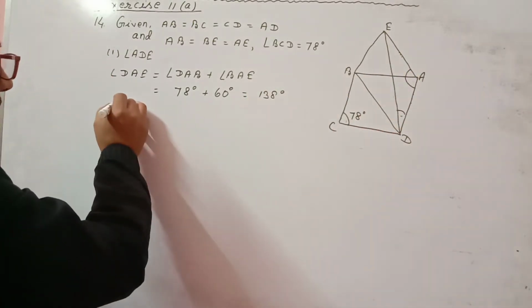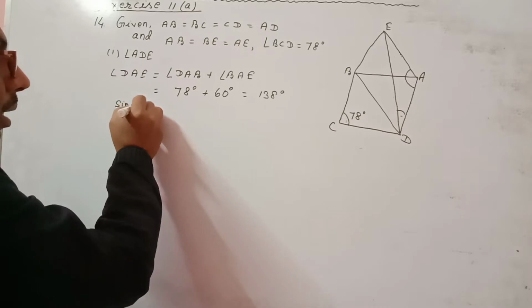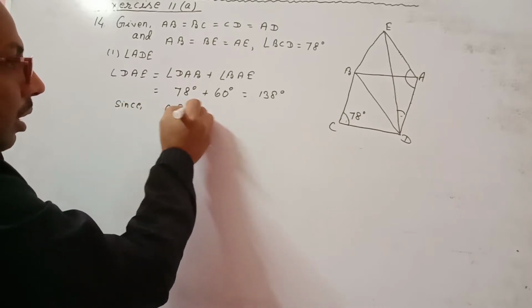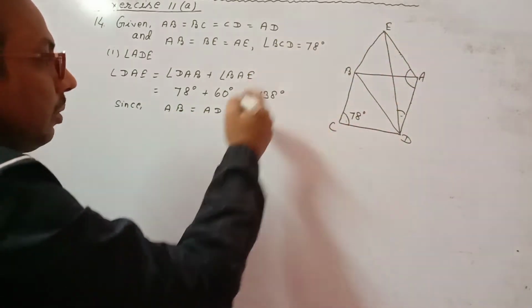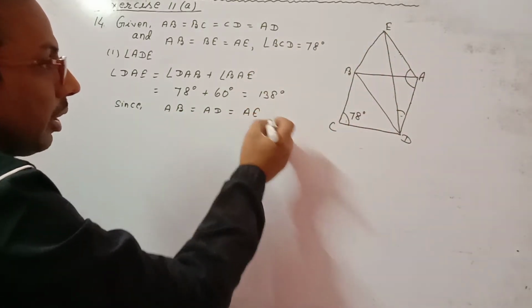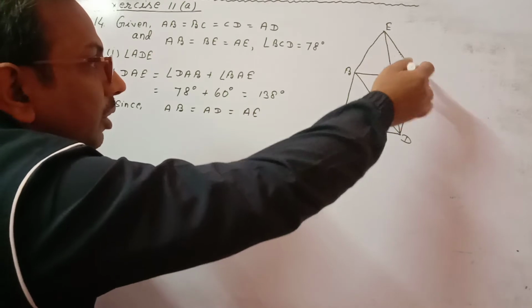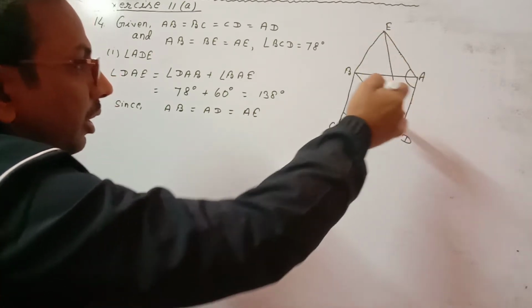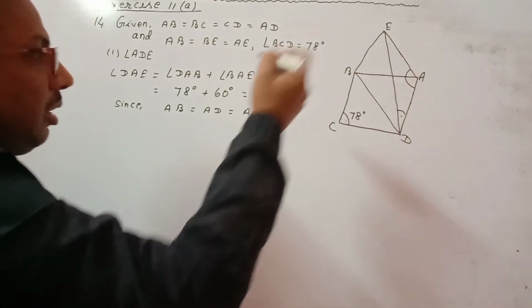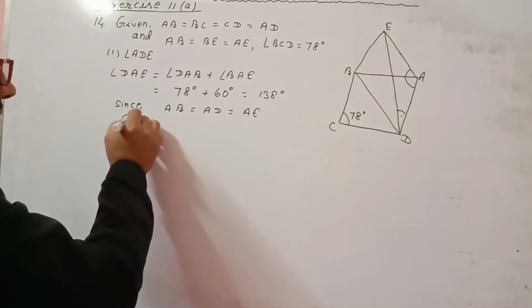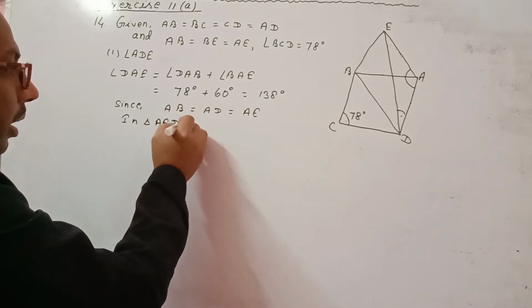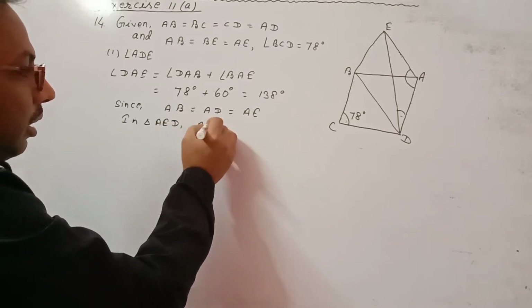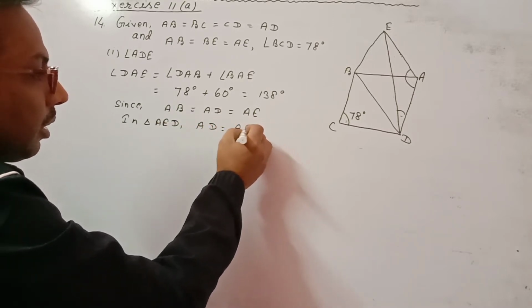Now, since AB equal to AD and AB is also equal to AE, therefore AE equal to AD, so triangle AED becomes an isosceles triangle. In triangle AED, AD equal to AE.